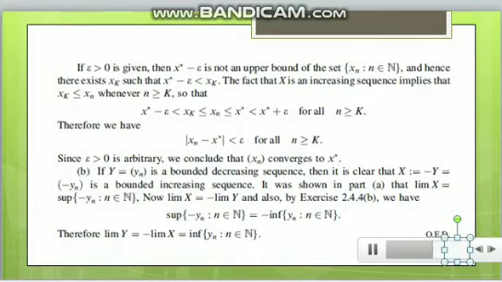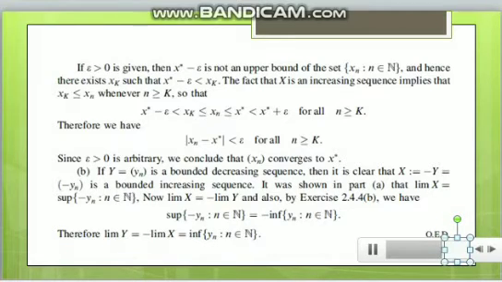B: If Y equals (yn) is a bounded decreasing sequence, then it is clear that X equals minus Y equals (minus yn) is a bounded increasing sequence.